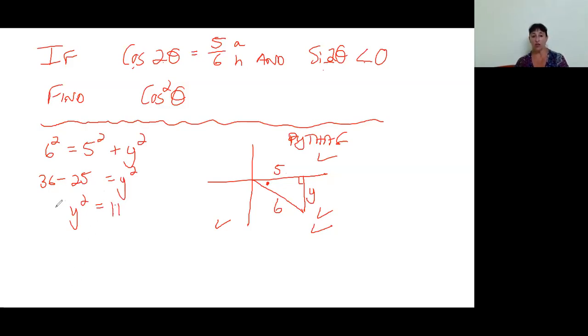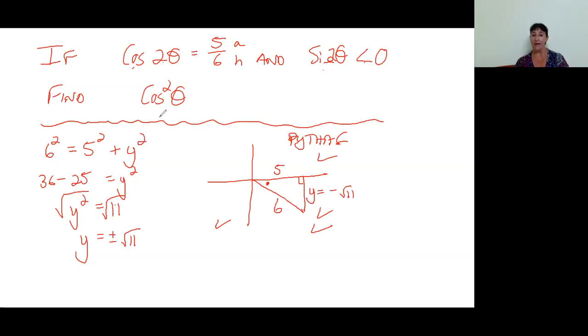Let's check my algebra. Then square root, so y equals plus or minus root 11. You need to decide if it's plus or minus. It's parallel to the negative y-axis, so it's negative root 11.